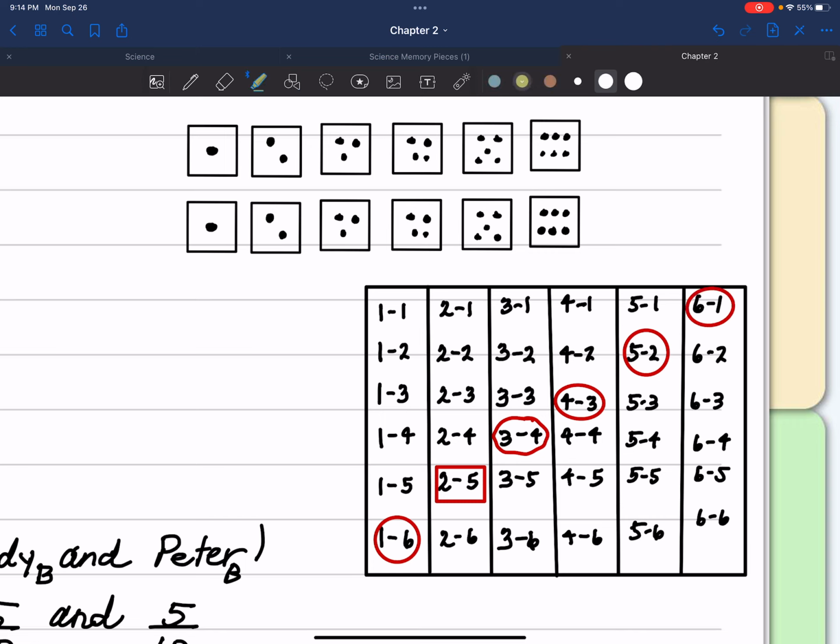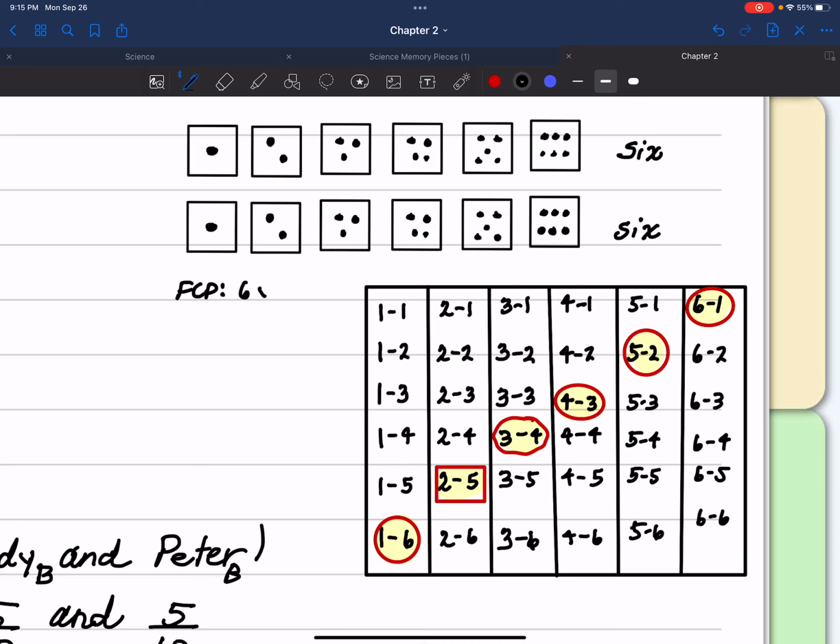So in one roll of these 2 dice, you have 6 possibilities of getting a 7. There are 36 possible outcomes because this one has 6 and this one has 6, and 6 times 6, remember the fundamental counting principle, says that you just multiply.